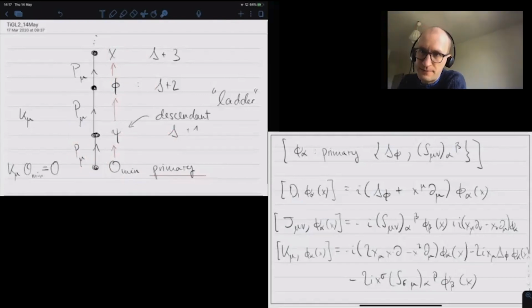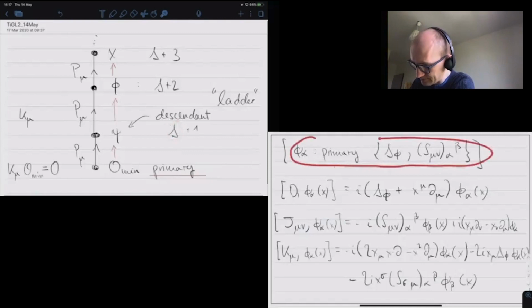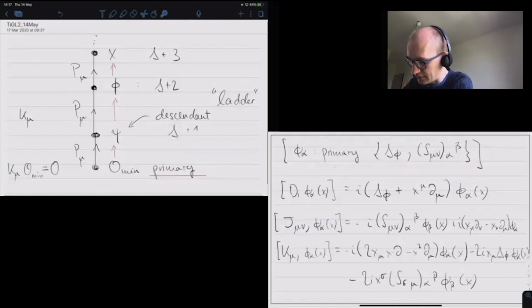All right, so this is one idea. We basically are building these conformal families, as we call them, on top of a given primary operator that is characterized by its conformal dimension delta, as well as its spin content, so its Poincare content. So the primary operator, here I called it phi alpha. Actually it's probably best to call it O min, and so this O min is in particular our phi alpha below.